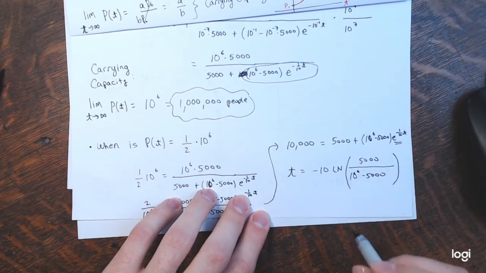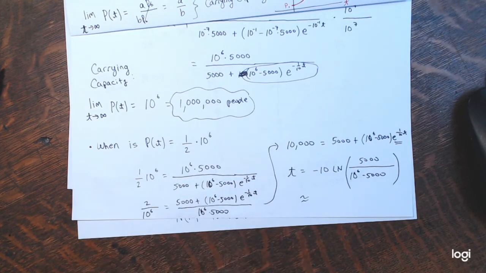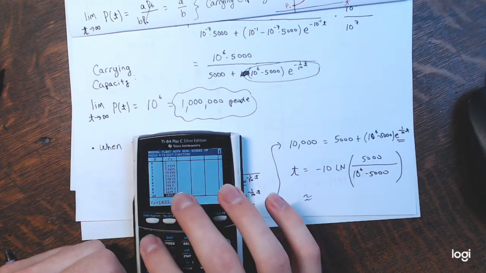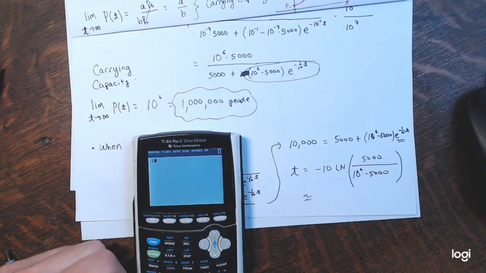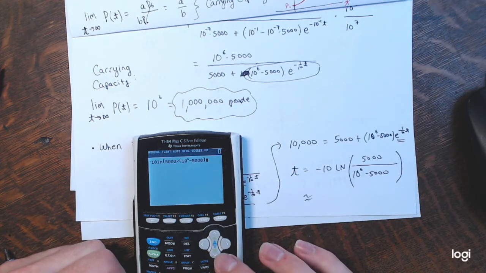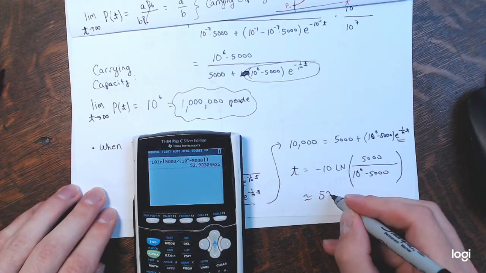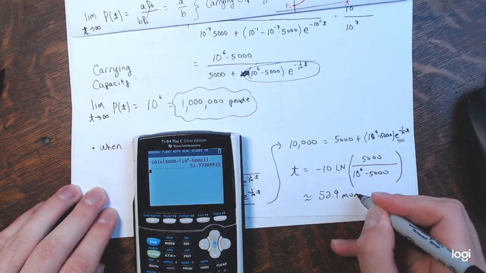That's how long it would take for the population to reach 500,000 people, half the carrying capacity. Now if I punch this in, negative 10 times the natural log, 5,000 divided by the quantity 10 to the 6th minus 5,000, and all that in the log there, we get about 52 months, almost 53 months, approximately 52.9 months. Remember, time was in months for this particular question.